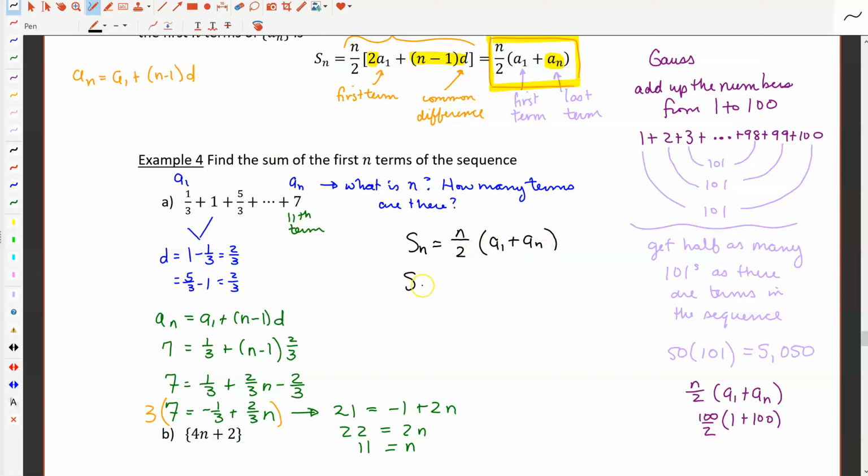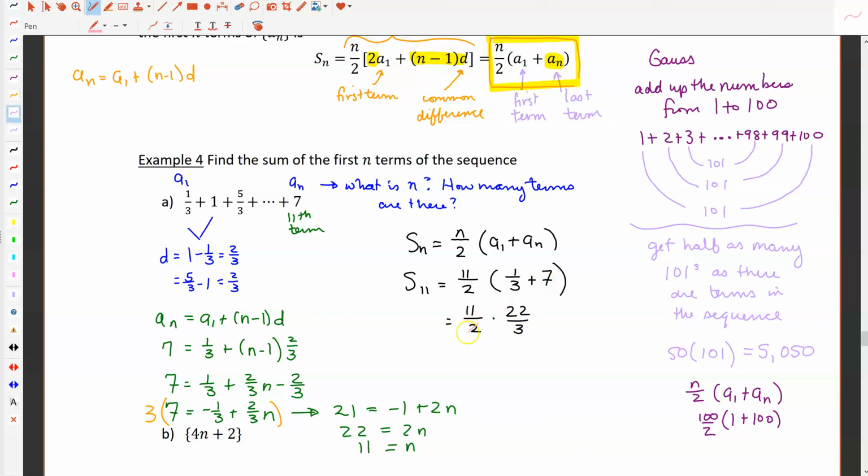Now I know I'm going through the 11th term, so it'll be 11 over 2 times my first term, which is 1/3, plus my last term, which is 7. Cleaning up inside here, 1/3 plus 7, well 7 is 21/3, so 1/3 plus 21/3 is 22/3.